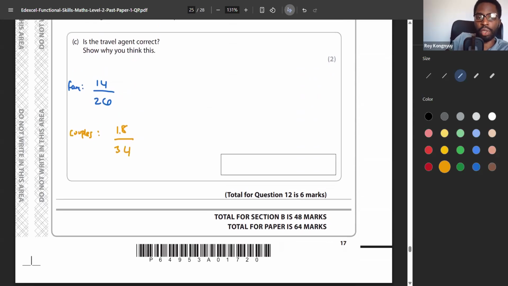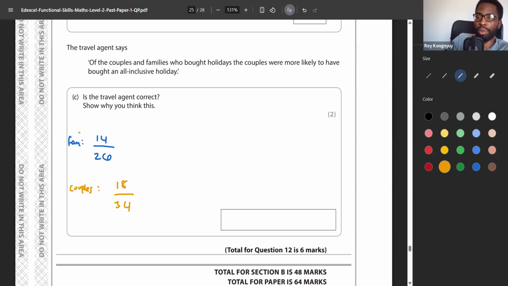I want to see which is more, which has a higher probability, which is larger. Let's cancel both of these. Cancel a factor of 2. 7/13ths. Here we can cancel a factor of 2. That's 9/17ths.